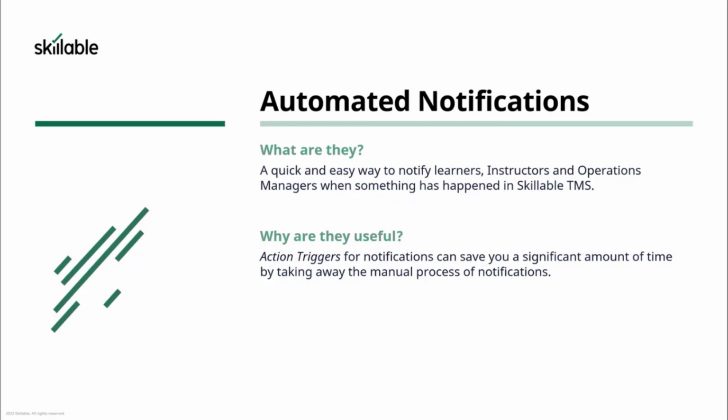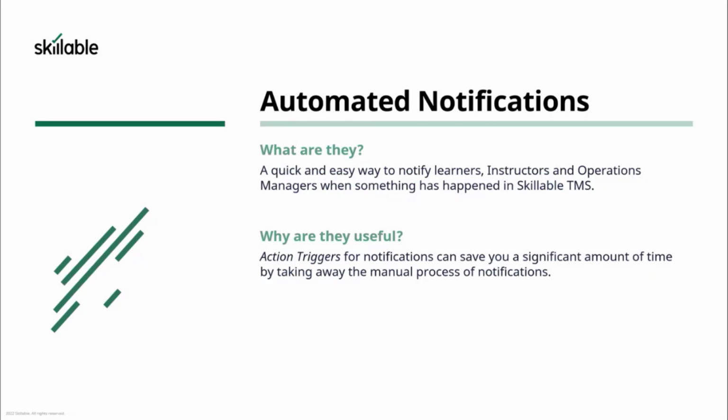And why would they be useful? Well, they work on action triggers. In order for the notification to be sent out, an action has to have happened within the TMS so that you can notify your learners, ops managers, or instructors that something has changed.